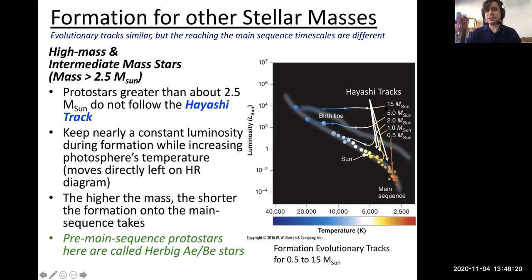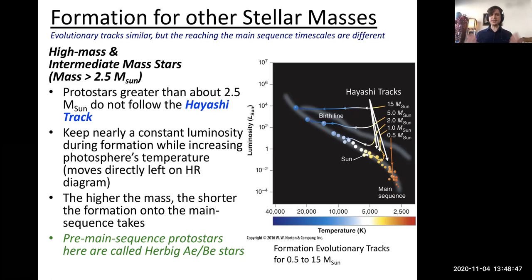For the high mass stars, it's pretty much just a beeline from low surface temperature to high surface temperature without a whole lot of change in luminosity, relatively constant luminosity. And these high mass stars will basically march almost directly to the left on the HR diagram to reach their place on the main sequence and be born as a main sequence star of high mass.